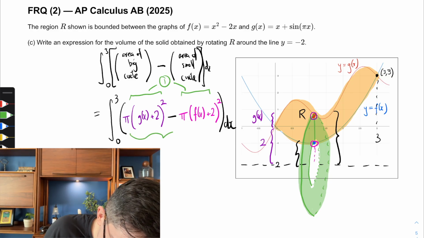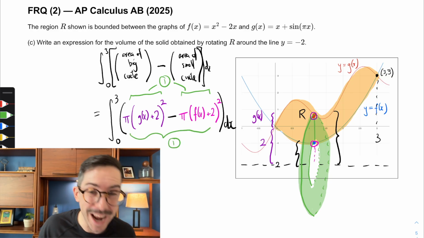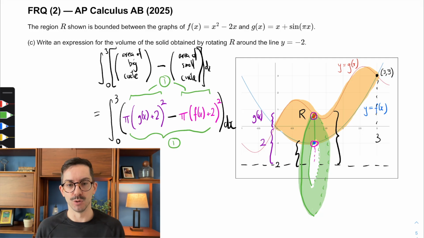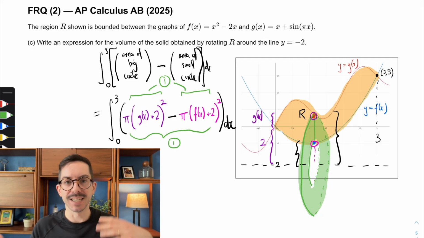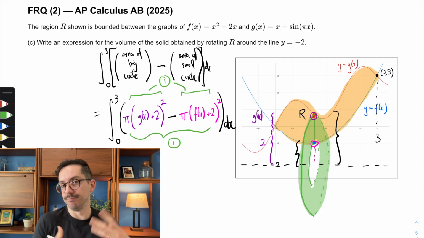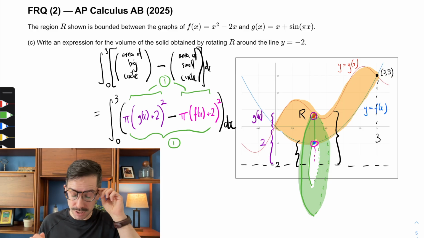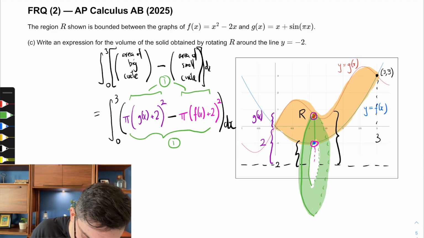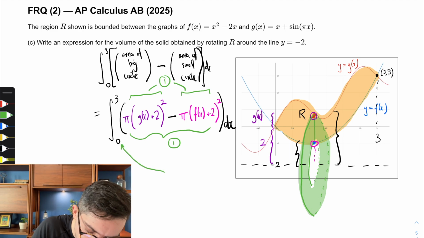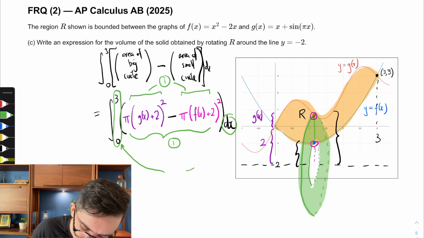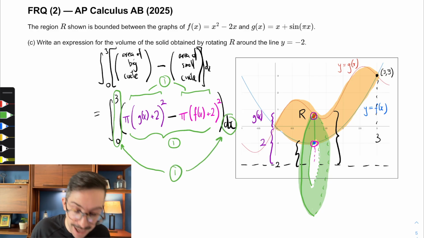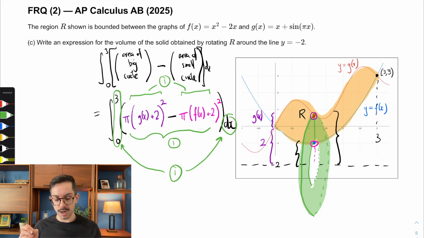We then get a second point for everything being correct inside the integrand: having that g of x, f of x, the 2, the square, the pi involved, all correctly. A third and final point is for making sure that our limits of the integral and our dx are present. So we need to have one correct set of notation there as well. That's our final third point.